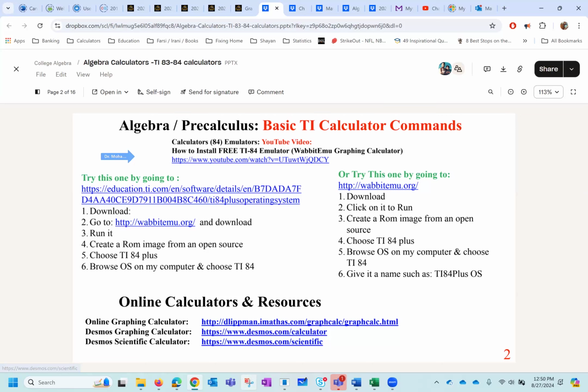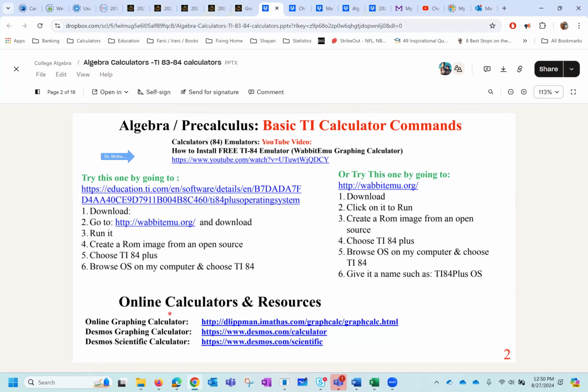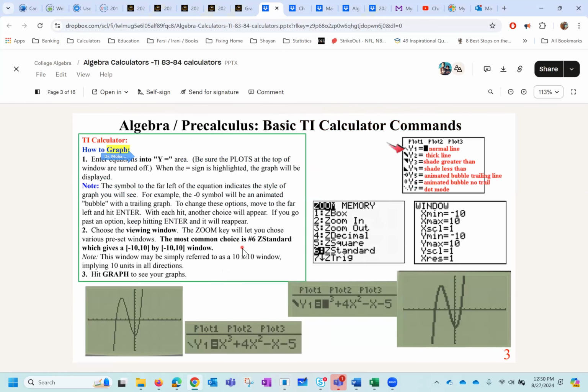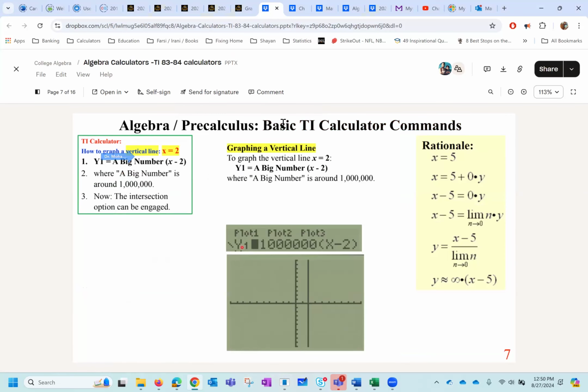If you can make it work, it will look like this, okay? In case you can't, take a look. These are some free calculators online, okay? So you can get those. And then we have the various commands I've given you in case you need.